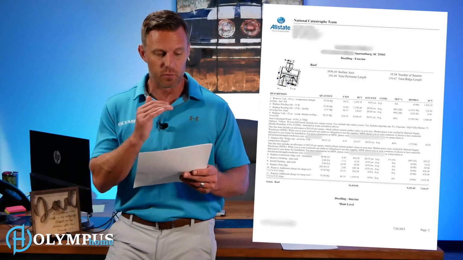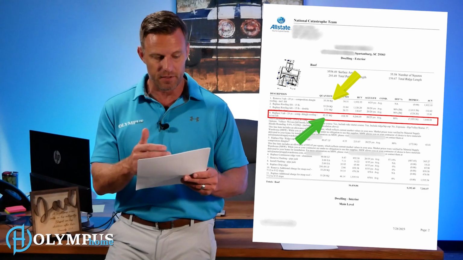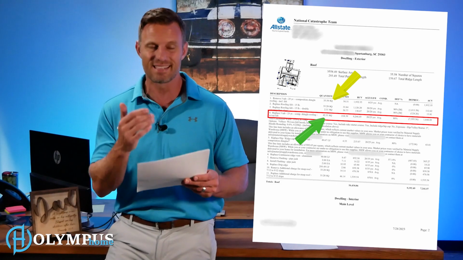We had the remove 3-tab shingles, but as we jump into the replace 3-tab shingles, you'll see that the quantity is slightly different for the replace than it was for the remove. The reason being is because whatever shingles you're removing off the roof match the actual square count of the roof size. When it comes to replacing, there's something called waste factor that has to get lumped into there.